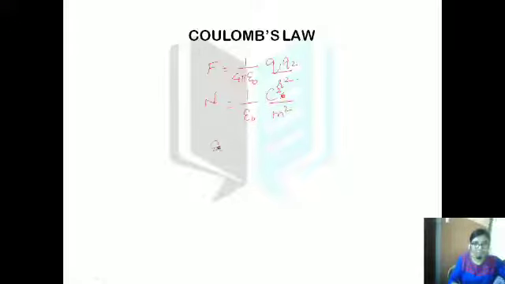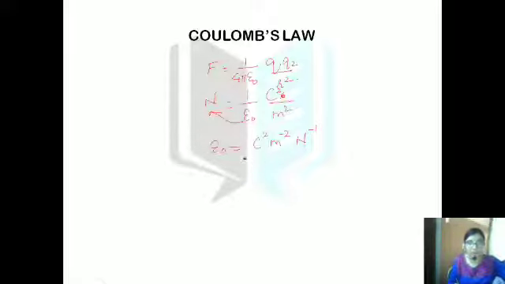So the unit of epsilon naught will be, taking this to the left hand side, coulomb square per meter square, which we can write as meter to the power minus 2. Newton goes to the denominator, that is Newton to the power minus 1.